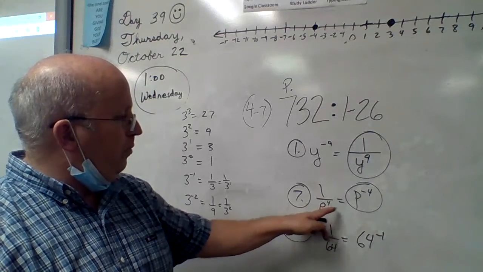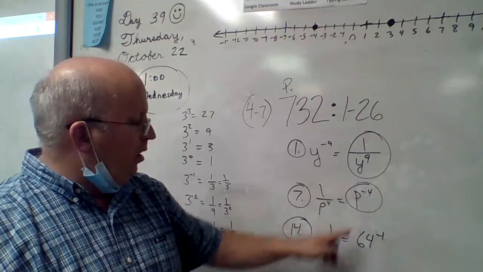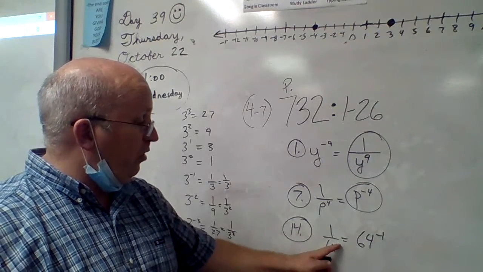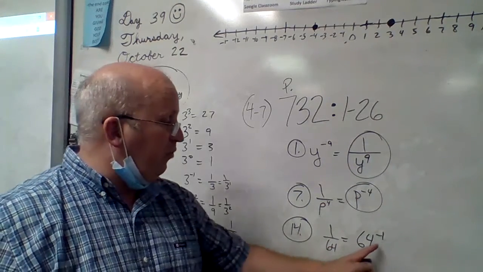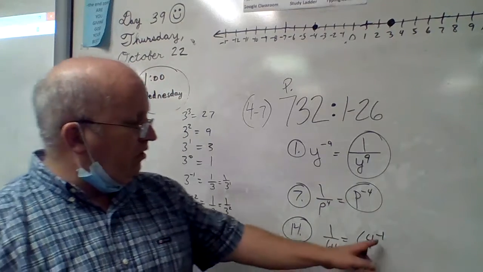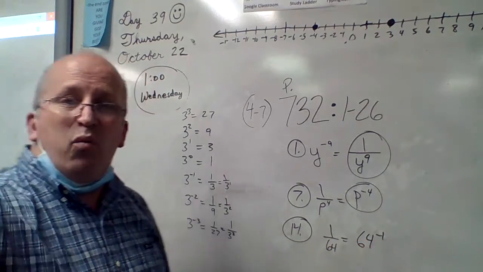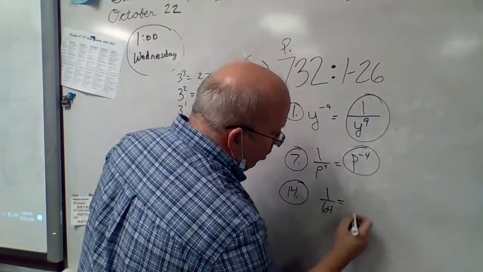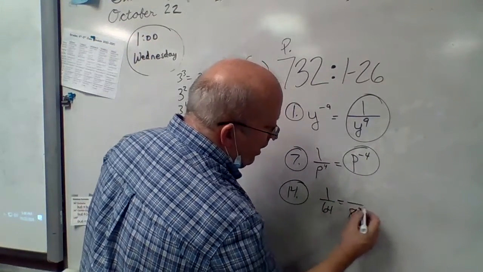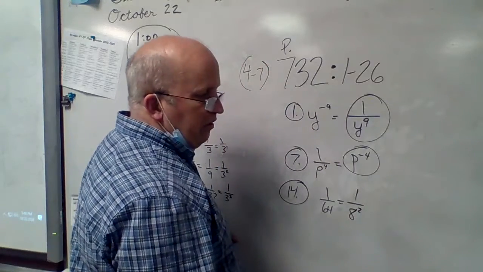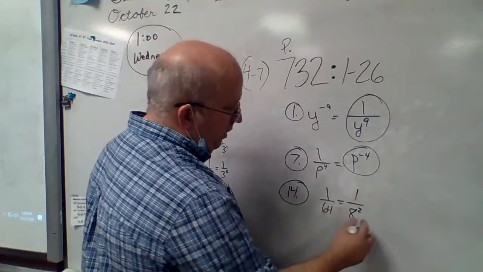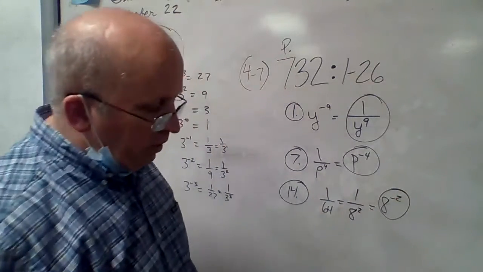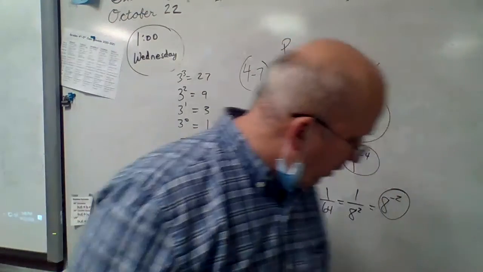Here, p to the fourth became p to the negative fourth. This is 64 to the first power. I don't see the 1, but I know it's there. 64 to the first power becomes 64 to the negative first power. But they say in the directions, don't do it with a -1 as an exponent. So here's what I'm thinking. I know that 64 is the same thing as 8 times 8, or in other words, 8 to the second power. What if I flip this and make it 8 to the negative second? There, that's one possible answer. 8 to the negative second.